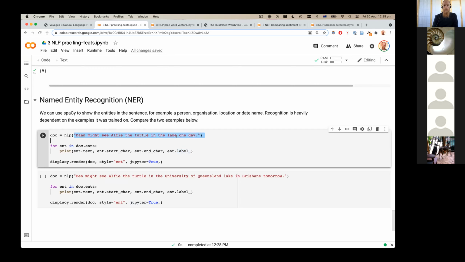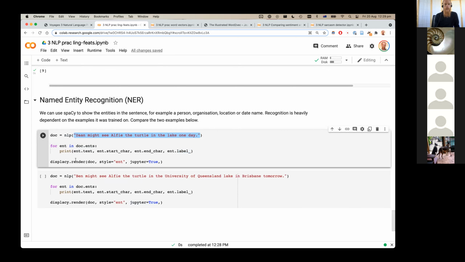Okay, so again, I'll pass in a sentence to spaCy, and it will create a doc generator. So we iterate through the entities in the doc and render them, see what we get.